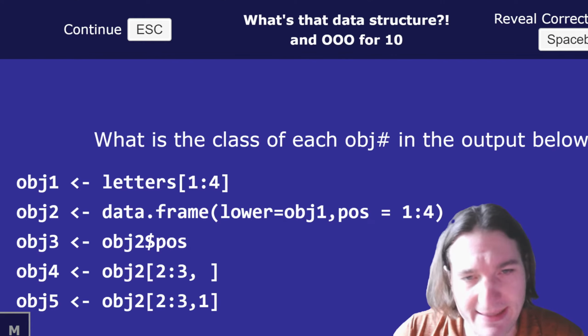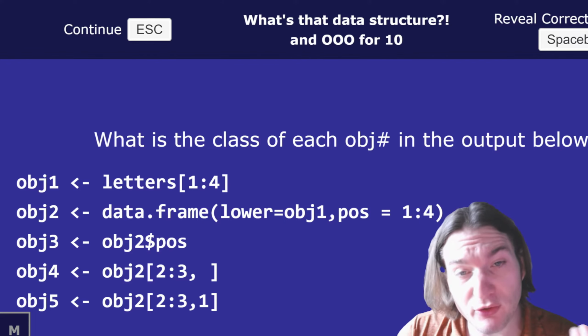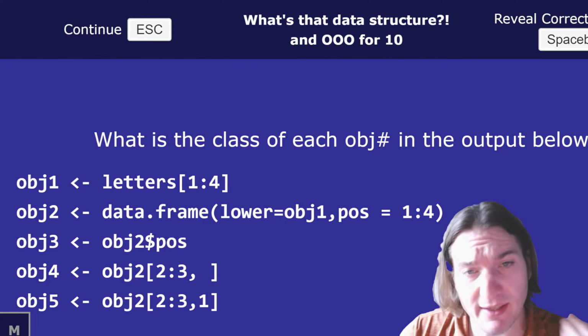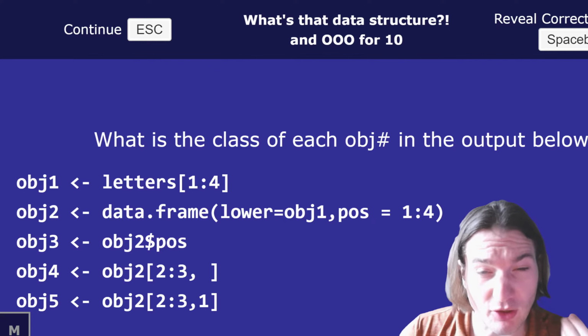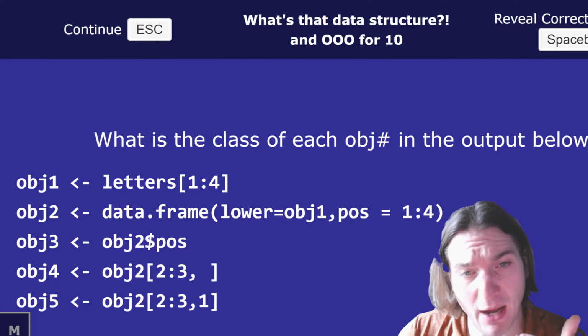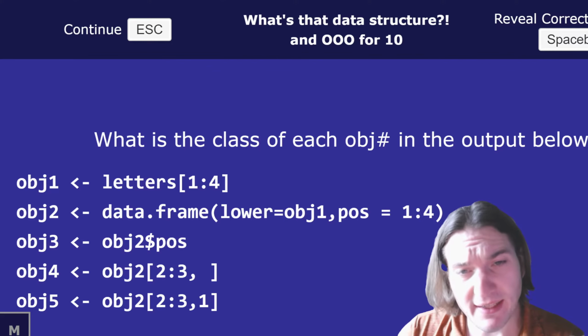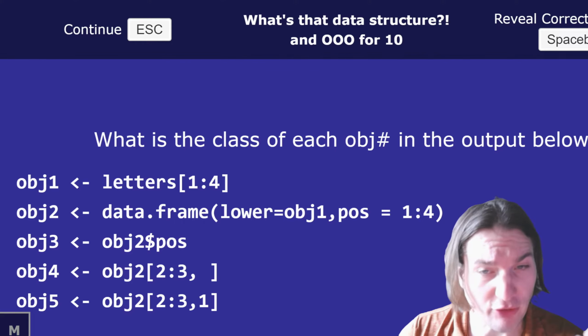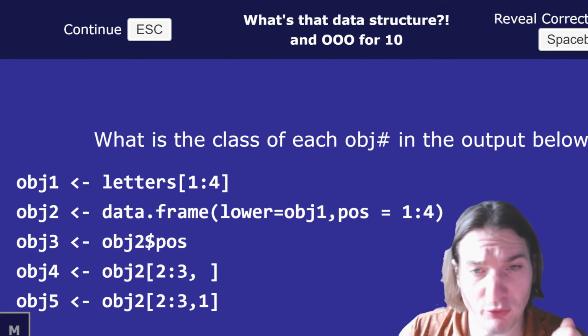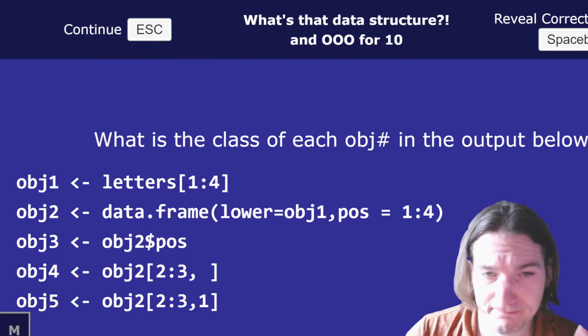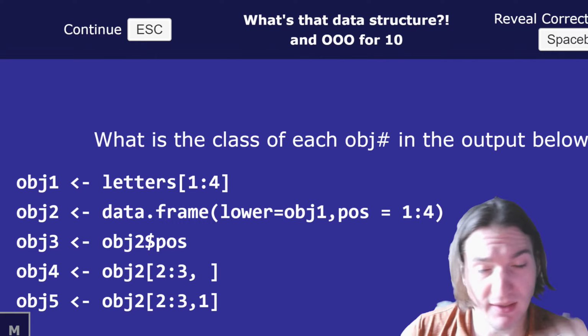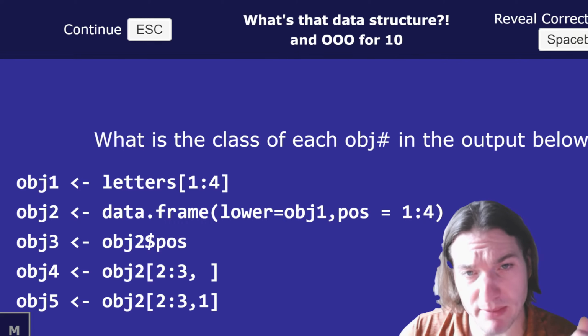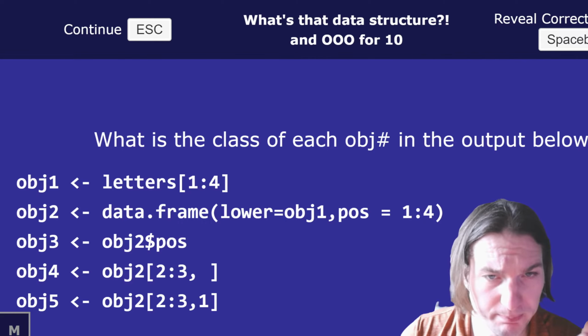Well, so object 2 will be a data frame, but I'm making it with 2 containers inside. The first container named lower is going to be assigned the values A, B, C, and D. The second container is going to be named position, and it will be assigned the integers 1, 2, 3, and 4. That's it. So it'll be a data frame consisting of 2 containers, one being character and one being integer.